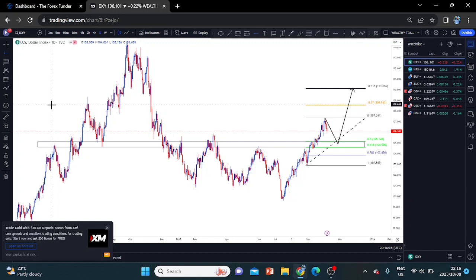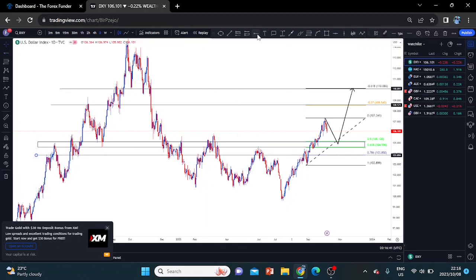Let me just mark this negative 61 point so that I can show you guys that we are dealing with support and resistance here, but we don't plot them when we analyze. We just know that at this level we have a significant level where the market can potentially reverse.